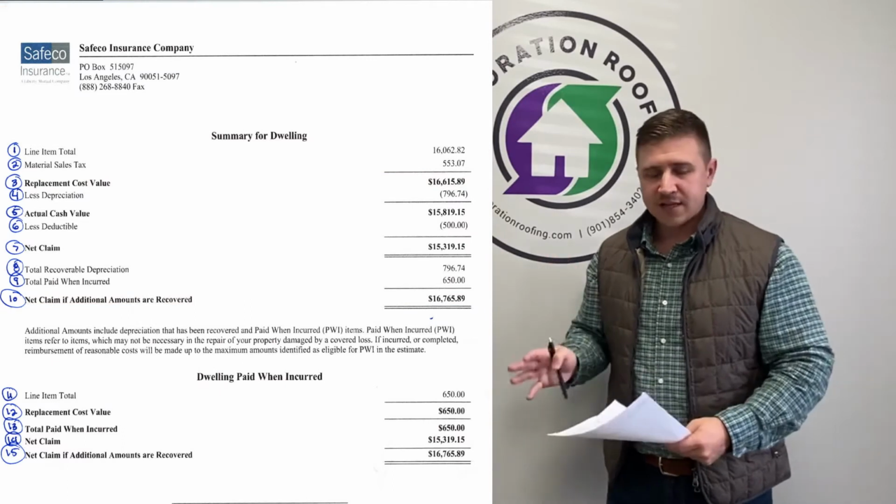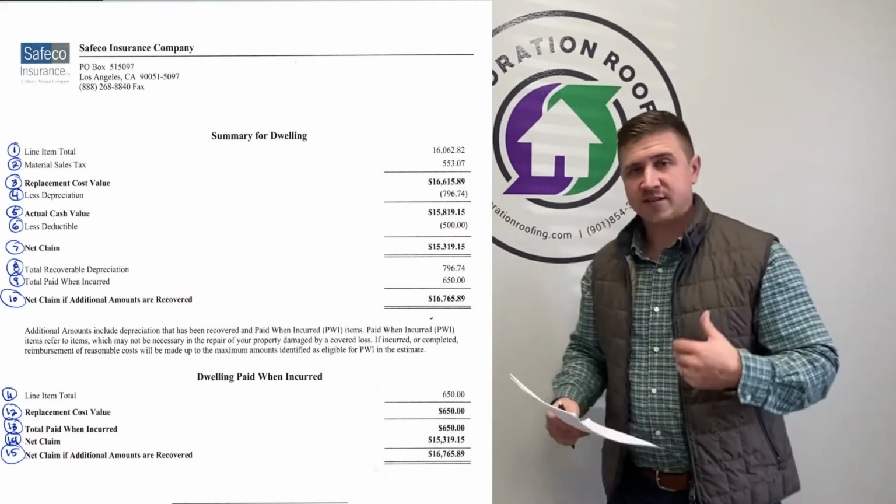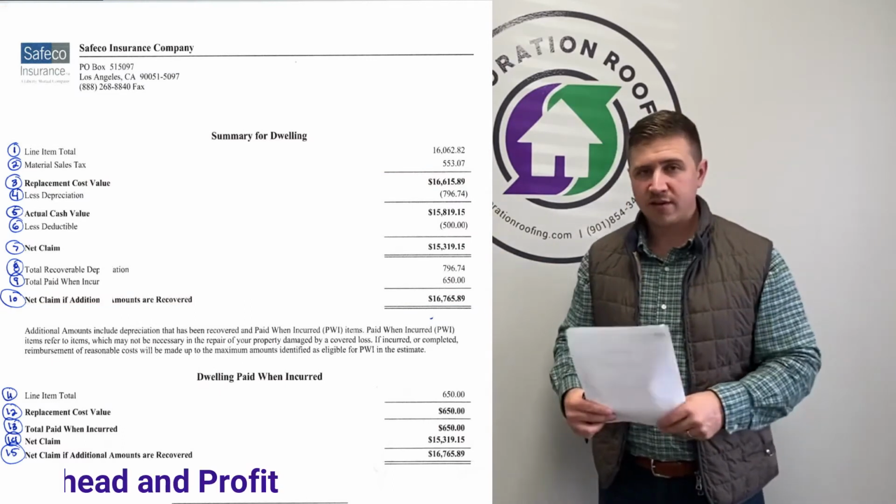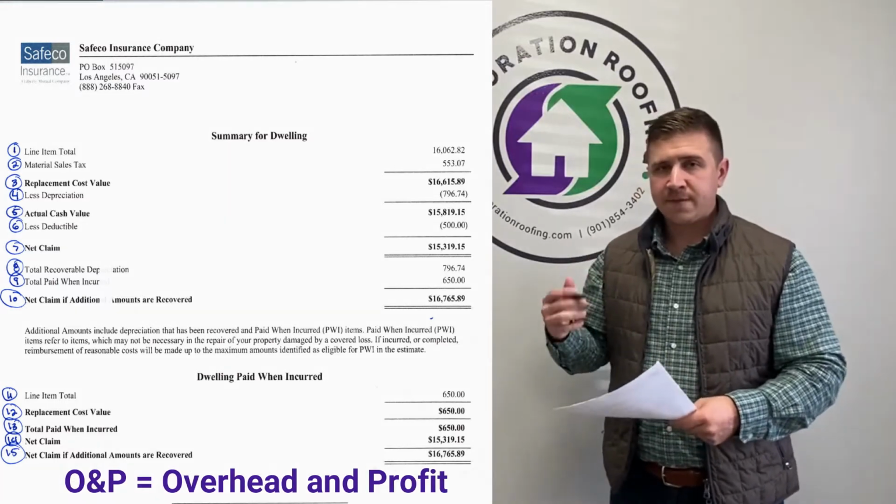There are a lot of claims out there that will have another item on it that says O&P, or overhead and profit. That comes into play depending on the insurance carrier if there's a lot more work involved. This claim was a roof, and that was it. There was no O&P on it. We are general contractors.